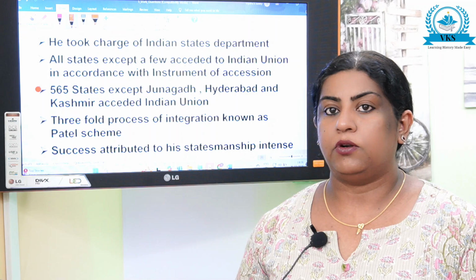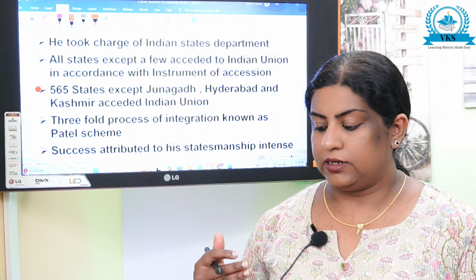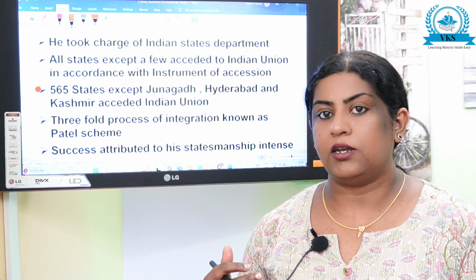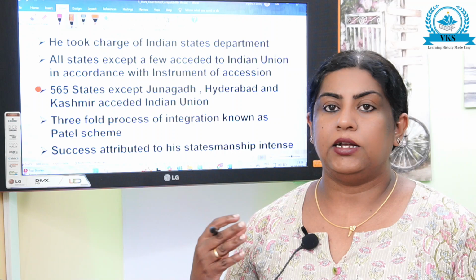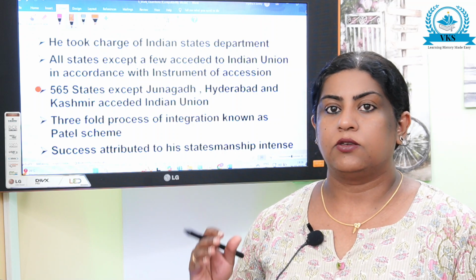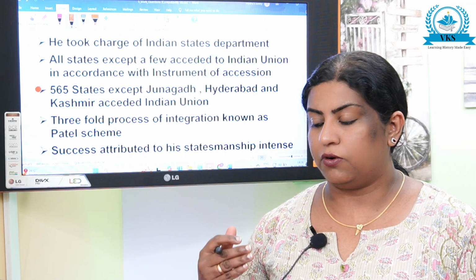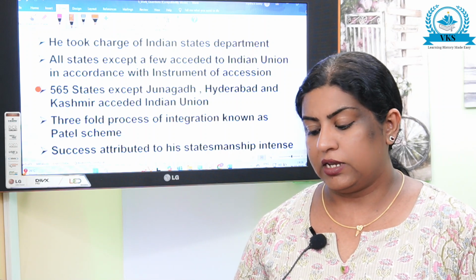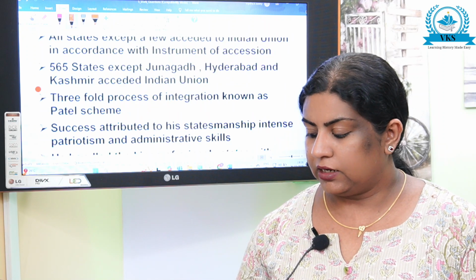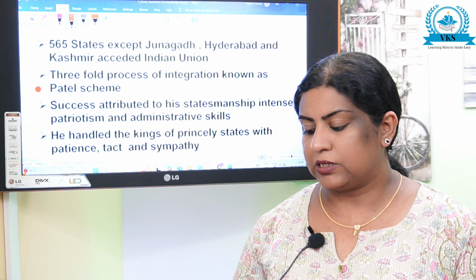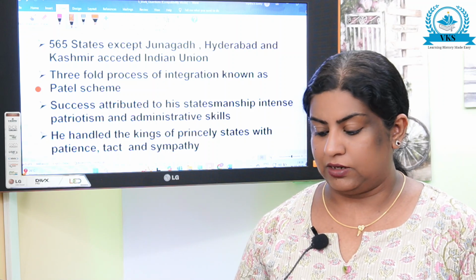And then you have to tell about the role of Patel, that is, a threefold process of integration known as the Patel scheme was introduced. That is how Patel started the process of integration. Success is attributed to his statesmanship, intense patriotism and his administrative skills.